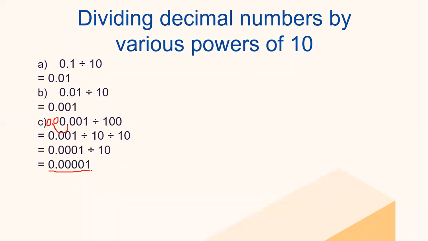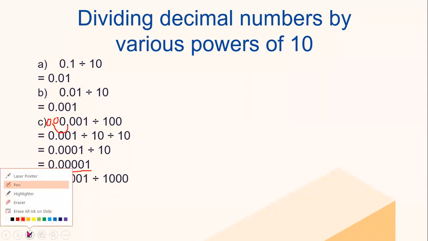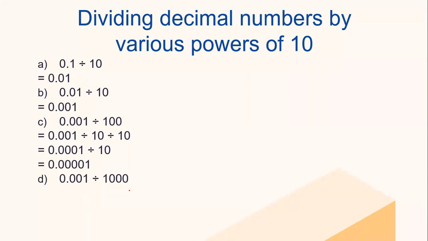I think there's no confusion, right? This one, can you divide it by thousand? 0.01 divided by thousand. 0.00001.